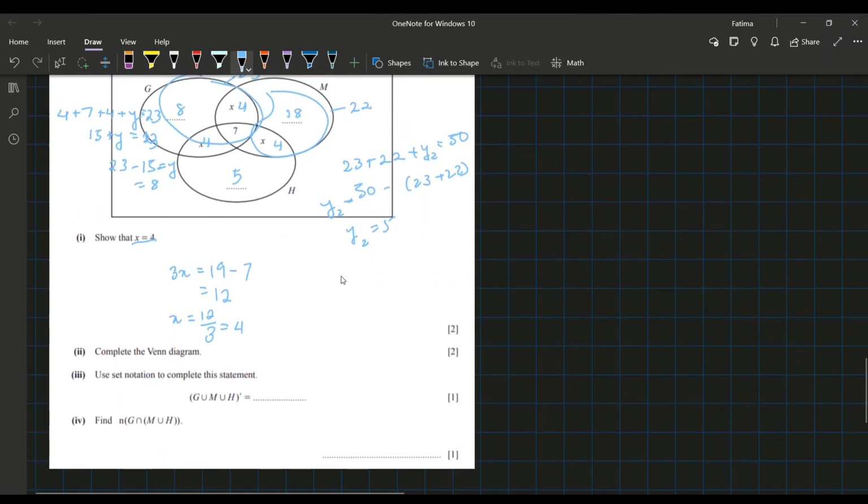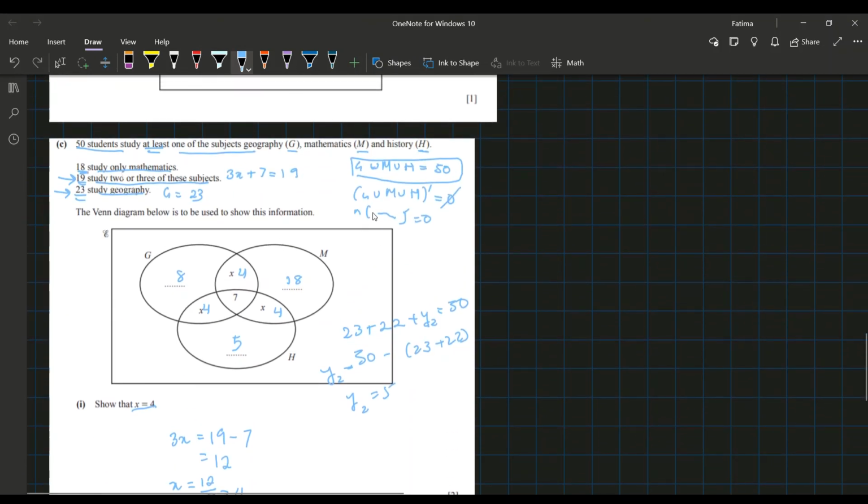Now for part 3, we have to use set notation to complete this statement. I'll just erase this surrounding to make it a bit neater. So the notation is G union M union H, and also, as I've mentioned earlier, the complement of all of that.